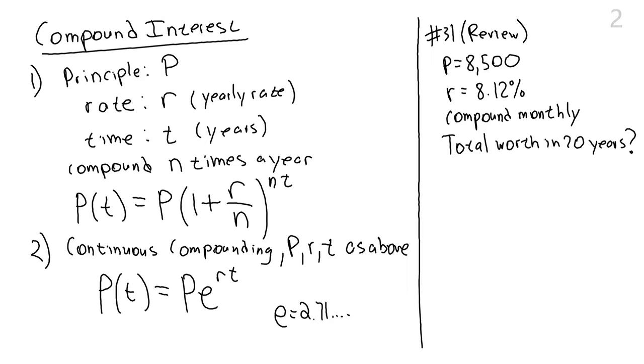So we use the first formula, and we just plug in. We plug in 20 for t. P is 8,500 times 1 plus the rate in decimal form over 12, to the power of 12 times 20, which is 240.